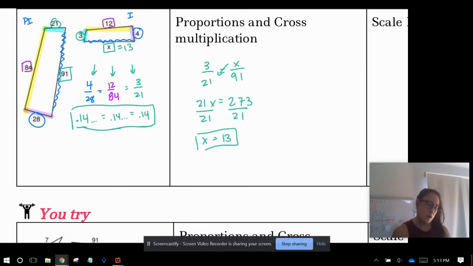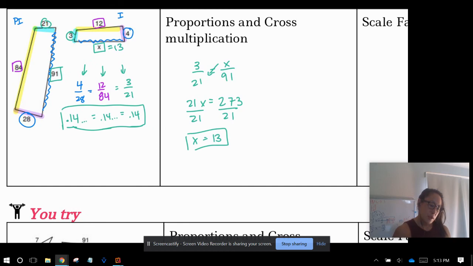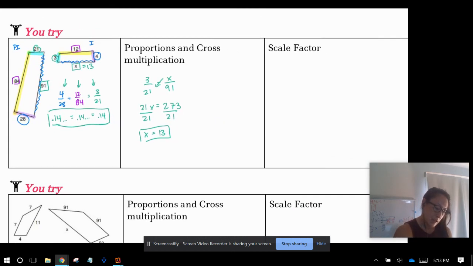Okay. So another way to do this is to say that, remember, we're going to take the pre-image times the scale factor is equal to the image. So I'm going to take 21, the pre-image length, and multiply it by any one of these fractions.